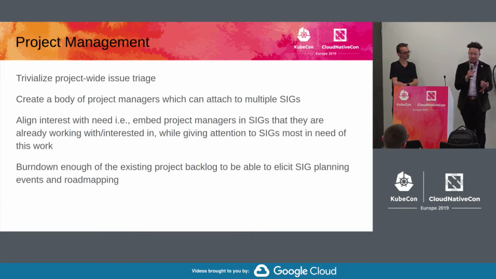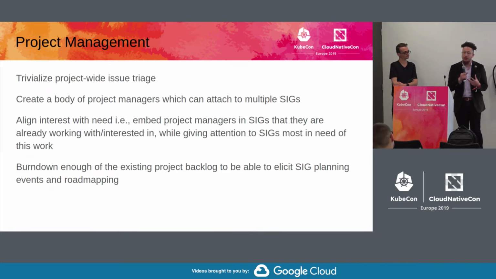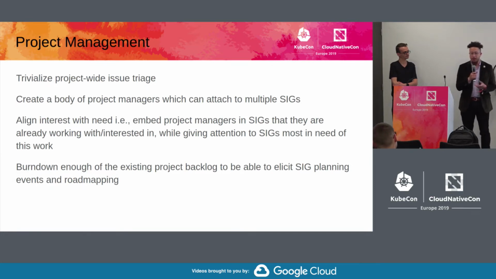And it's clear from hearing that it's easy for those people to be bandwidth constrained, right? So those are people in SIG Arch, people like Tim Hockin, Brian Grant, Jordan Liggitt, where there's only so much time in the day, right? So we need process around burning down and figuring out how does an issue enter Kubernetes and how do we solve it quickly, right?